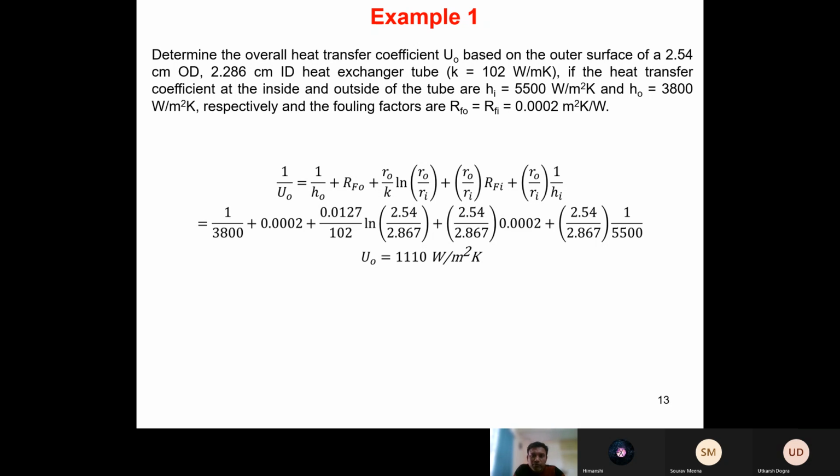So this becomes, okay, if you do not use these fouling factors, then your value comes out to be 2444.